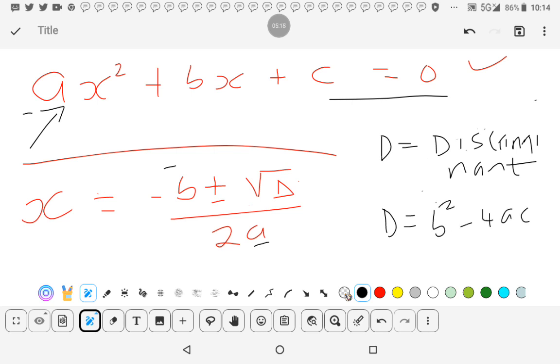So wherever you see D, you can write it as b squared minus 4ac.